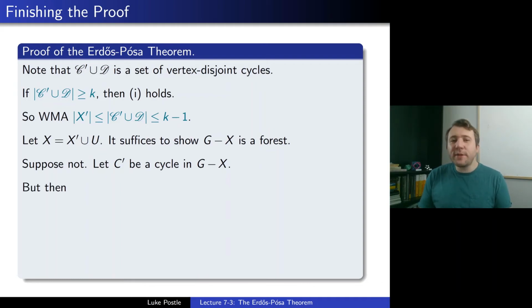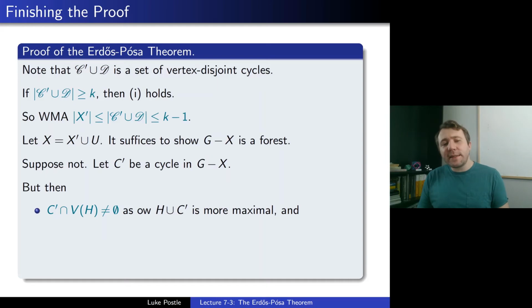Then you just have to go through the cases, but it's clear that C prime has to intersect V of H, as otherwise we could just add C prime as a component, and that would be more maximal, a contradiction.